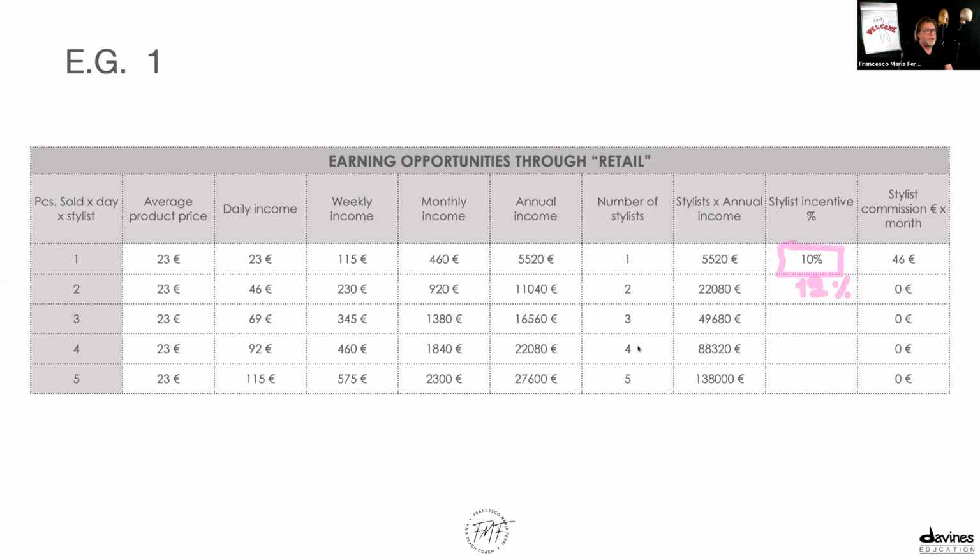If you sell 4 products a day, I'm going to give you, I don't know, maybe 15%. So you can decide to have a progressive system in order to incentivize people, right?